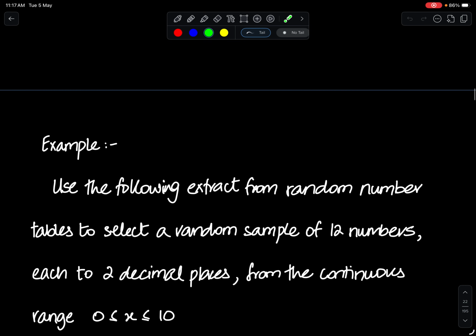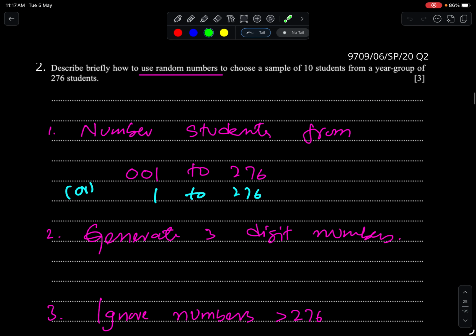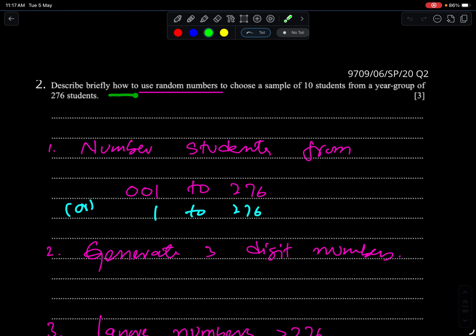Now, examples. Describe briefly how to use random numbers to choose a sample of 10 students from a year group of 276 students. First point, number students from 1 to 276. You can write 001 to 276 or 1 to 276. Both are fine. This one is better.